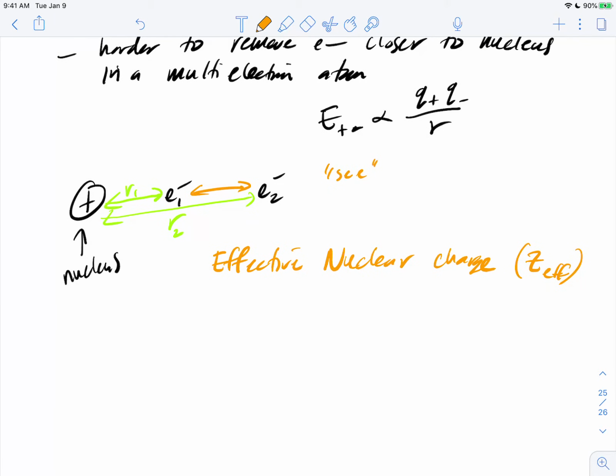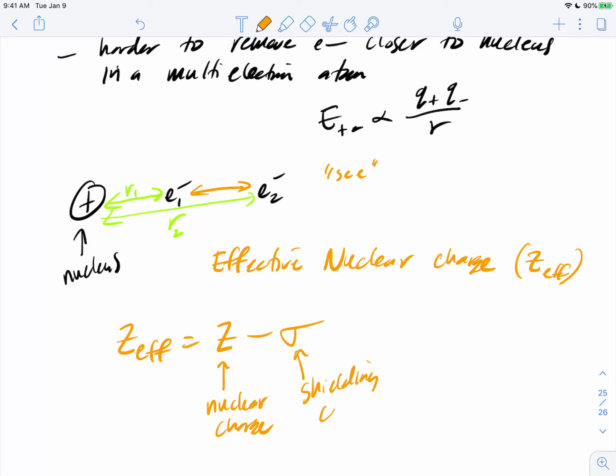So this Z effective is equal to the nuclear charge minus how much the outermost electron, or whatever electron you're referring to, is shielded. This is called the shielding constant.